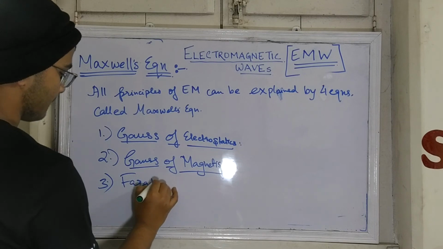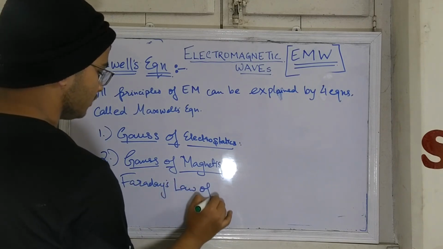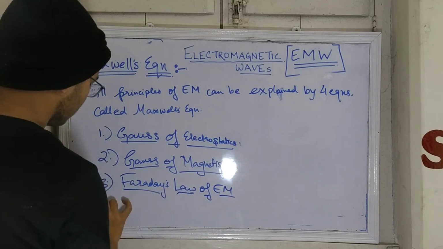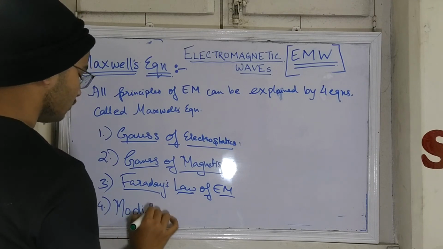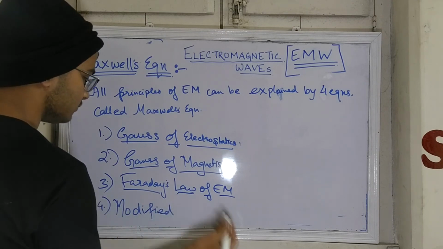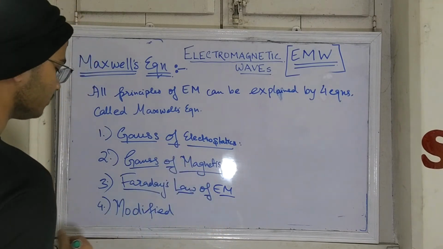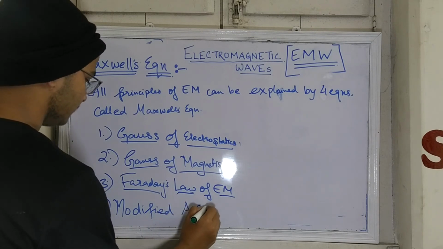Faraday's law of EM. EM means electromagnetism. Okay. And lastly is the modified Ampere's circuital law. Modified is the one which was later modified by Maxwell, means the ID one. Okay, mu 0 into ID, modified ACL.